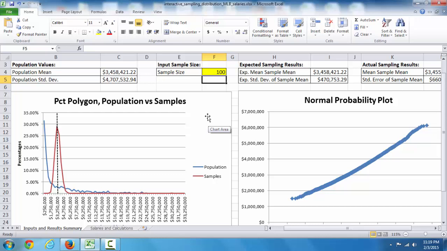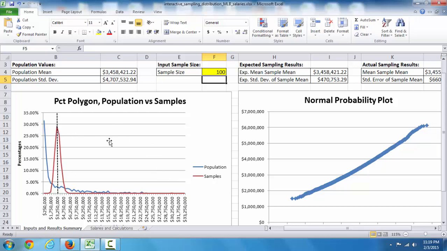What is a sampling distribution? It's the distribution of values of sample statistics, in this case sample means, that occurs when you take a very large number of samples, technically all the possible samples of a certain size, and calculate that sample mean or other sample statistic for each one.